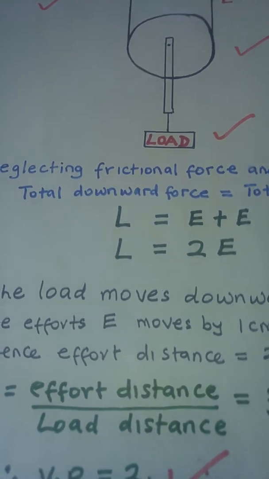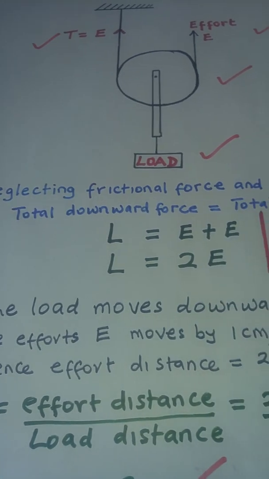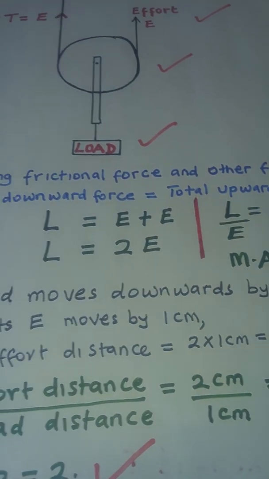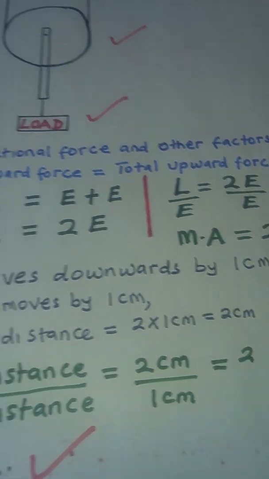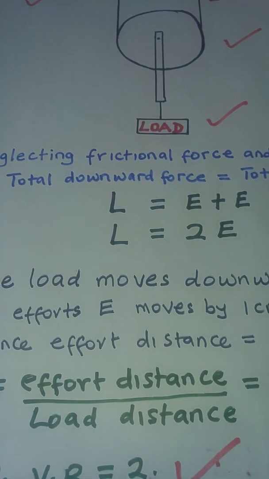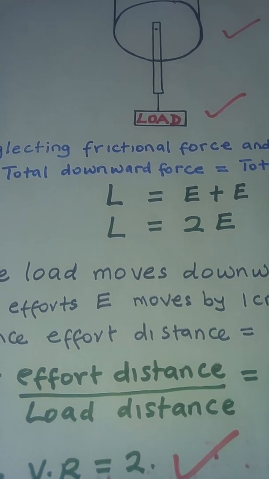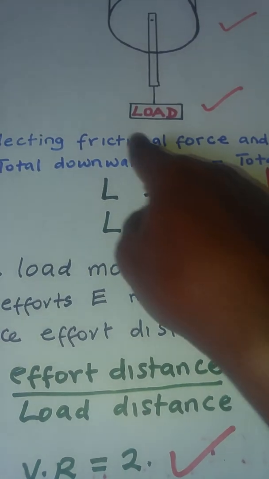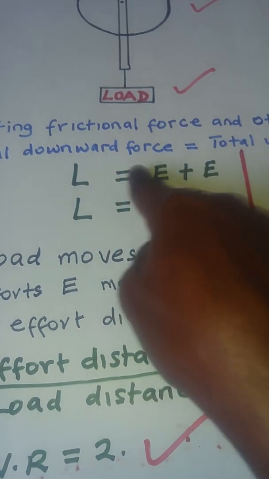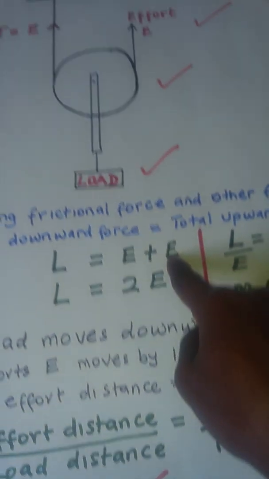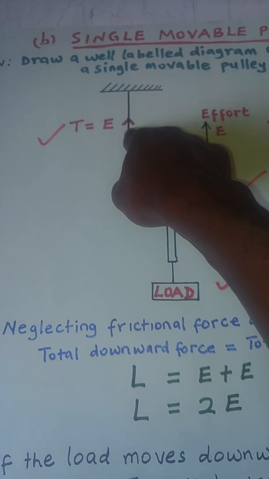So we are saying, when we neglect frictional force and other factors, what happens? The two sectional forces will be the same. The total downward force, which is the load, will be equal to the total upward force. The upward forces are two, although they look the same.